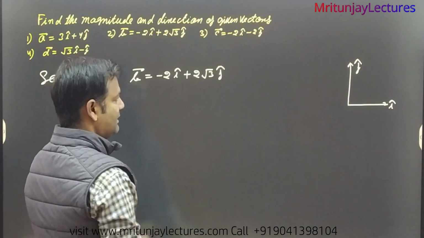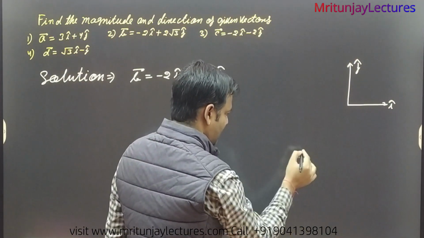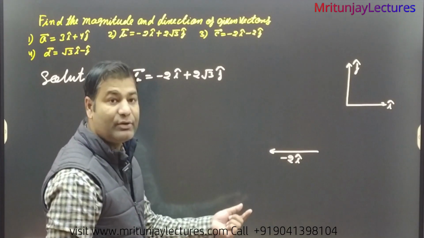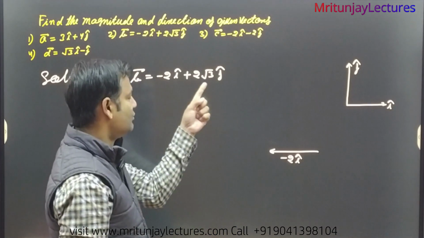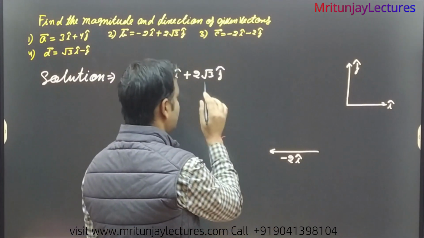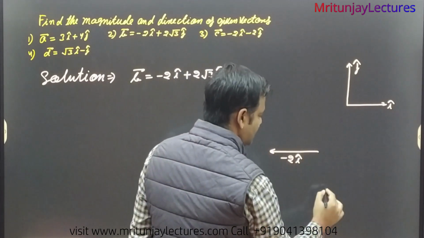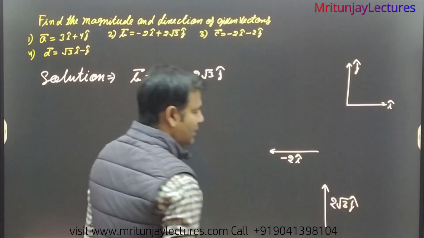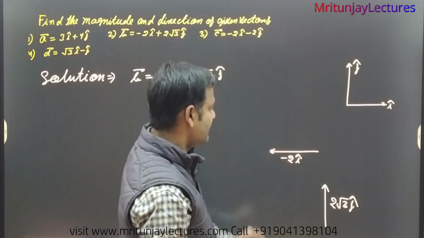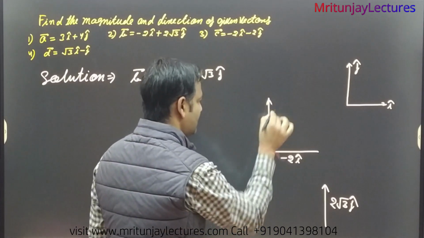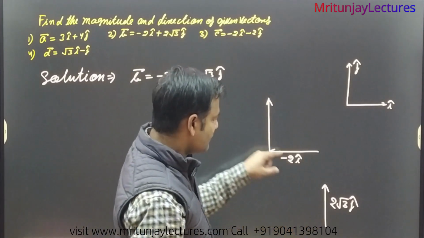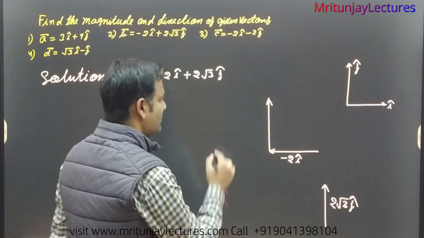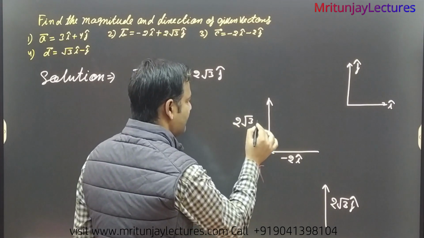Minus 2i cap means opposite to i cap, in this direction, with magnitude 2. Then 2 root 3 j cap: j is positive, so the direction is like that, with magnitude 2 root 3. Clear? Attach it here: the tail connects to the head of the first, represented like that, 2 root 3 j cap.